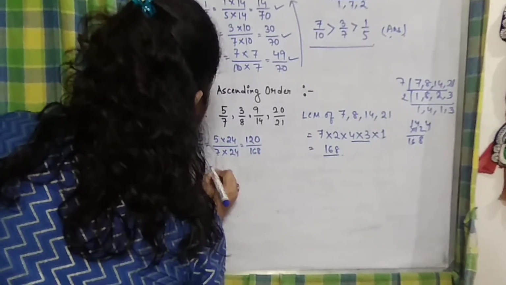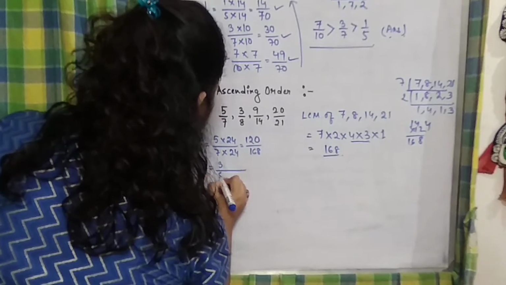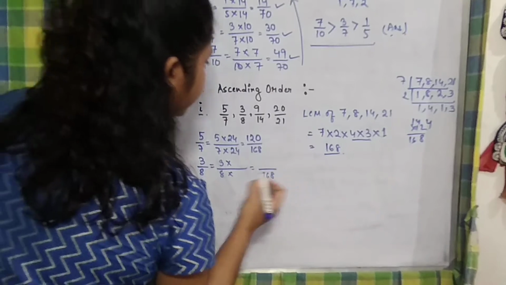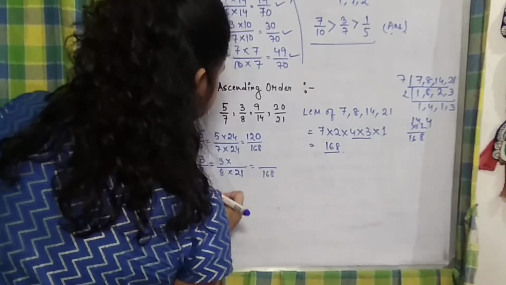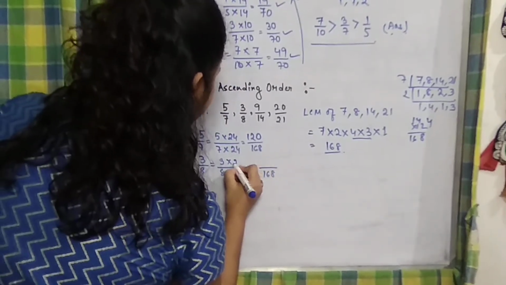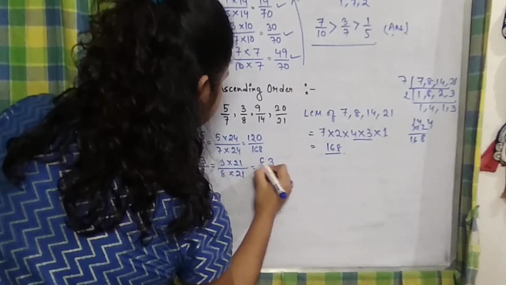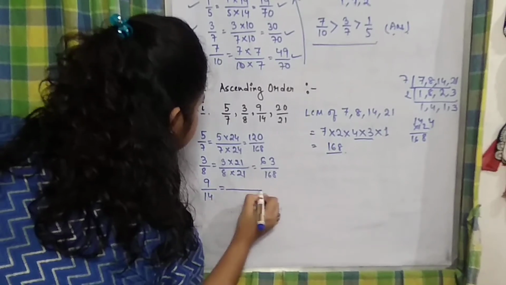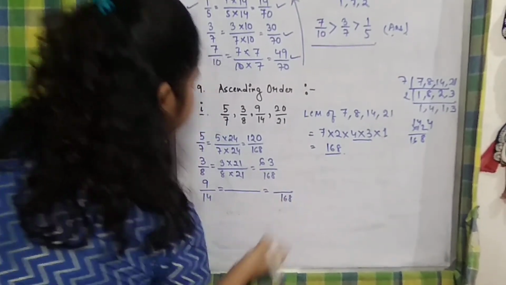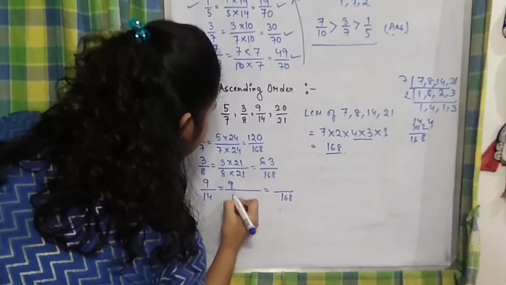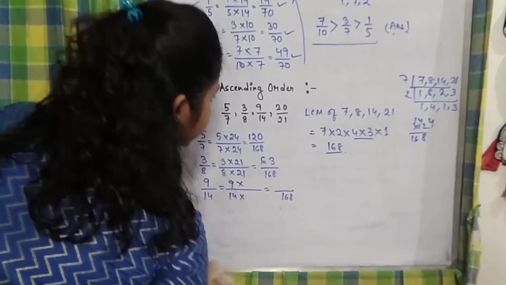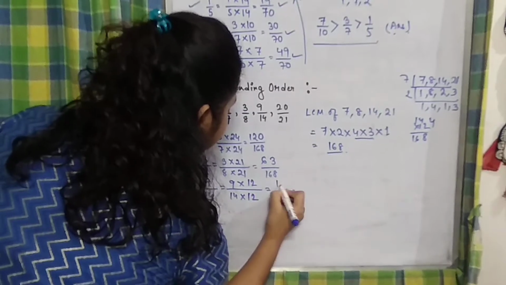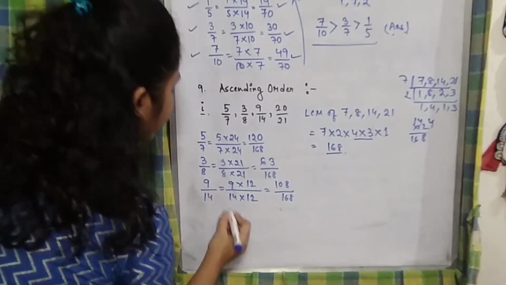Again 3 by 8 will be multiplied with 21. Yes, it is 21, so 63. Again 9 by 14, with 168 once more, will be multiplied with 12. So 9 into 12 equals 108.